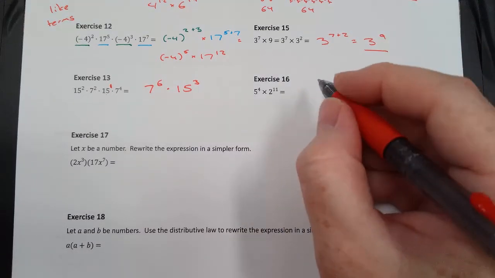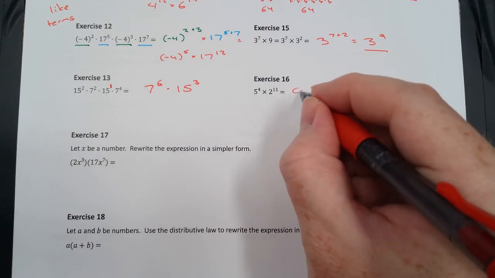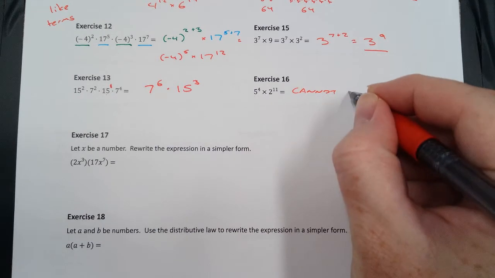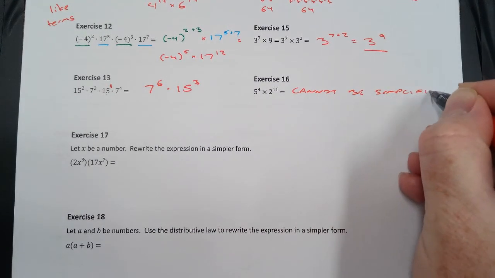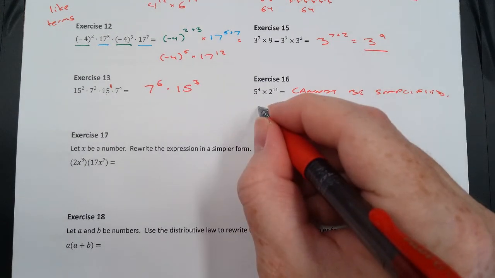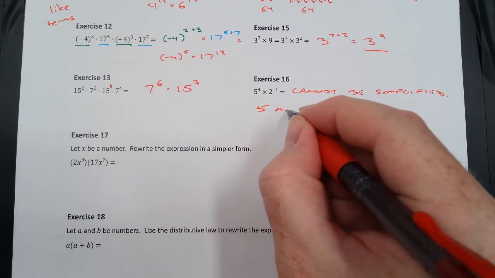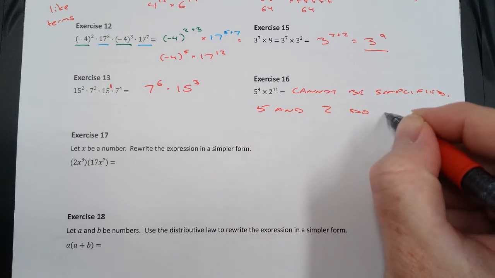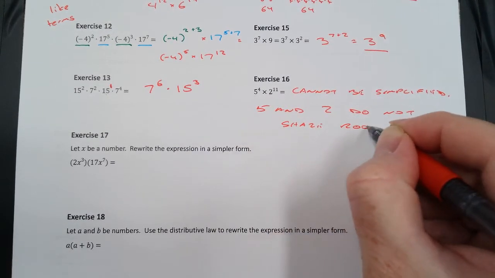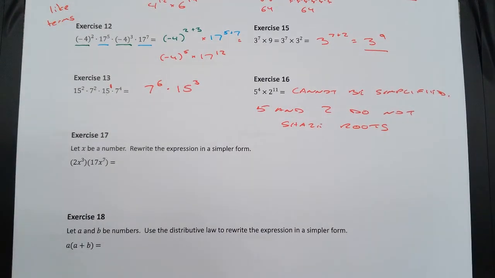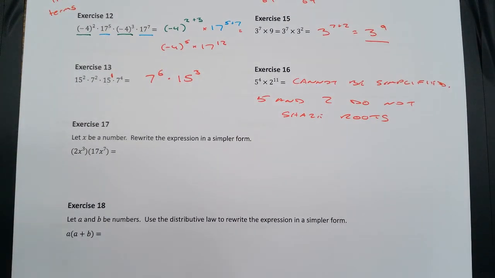So you just say, cannot be simplified, because the bases 5 and 2 do not share roots. And we'll talk more about that in a later lesson.